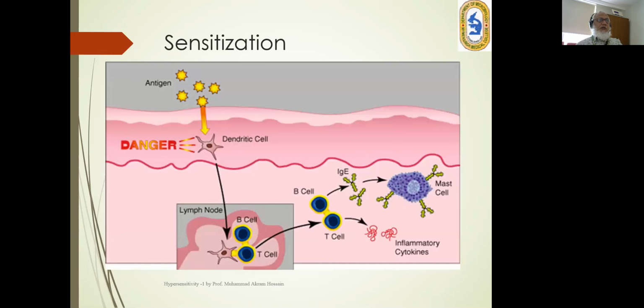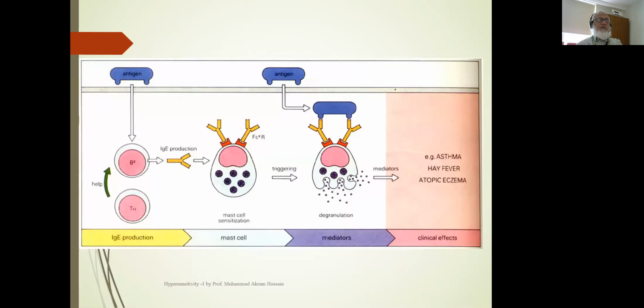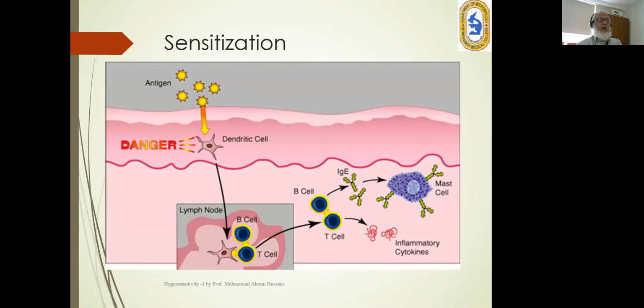What are the phases of type 1 hypersensitivity? There are 3 phases: sensitization phase, triggering phase, and effector phase. Sensitization means that when atopic individuals come in contact with some allergen, say a food allergen or inhalant allergen, this allergen will be taken up by the dendritic cell, an antigen presenting cell.